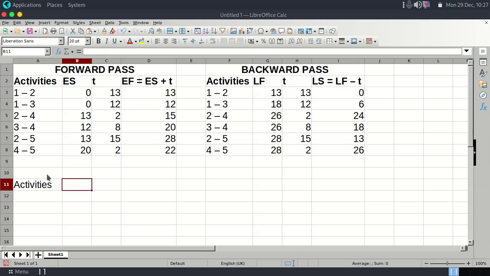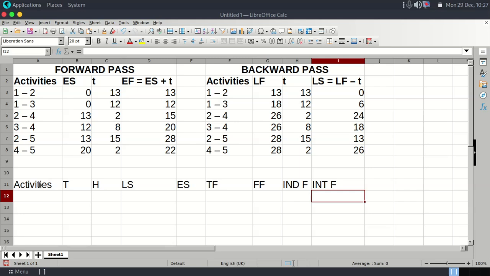Now we have what we call T and H. I will explain. Then here we have LS. Here we have ES. I will explain everything. Then here we have TF, total float, free float, then independent float, then interference float.